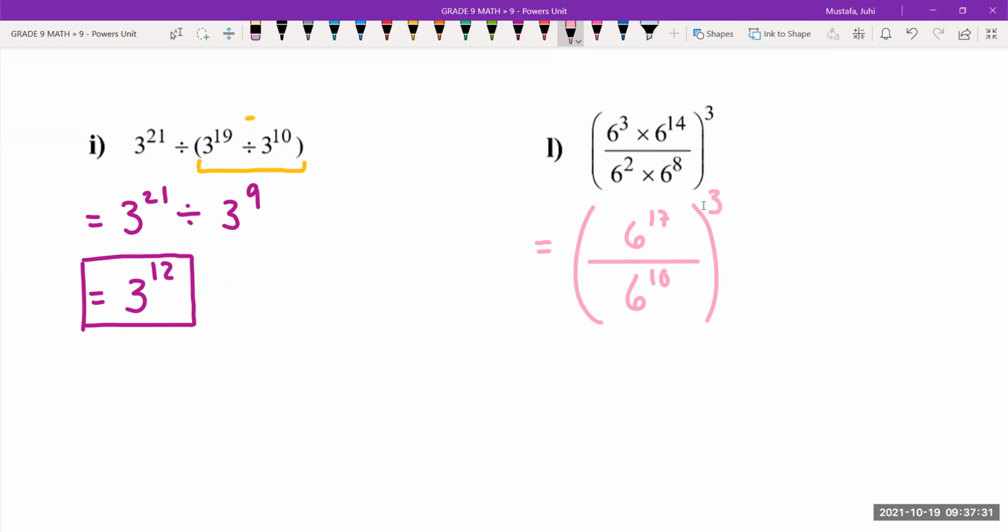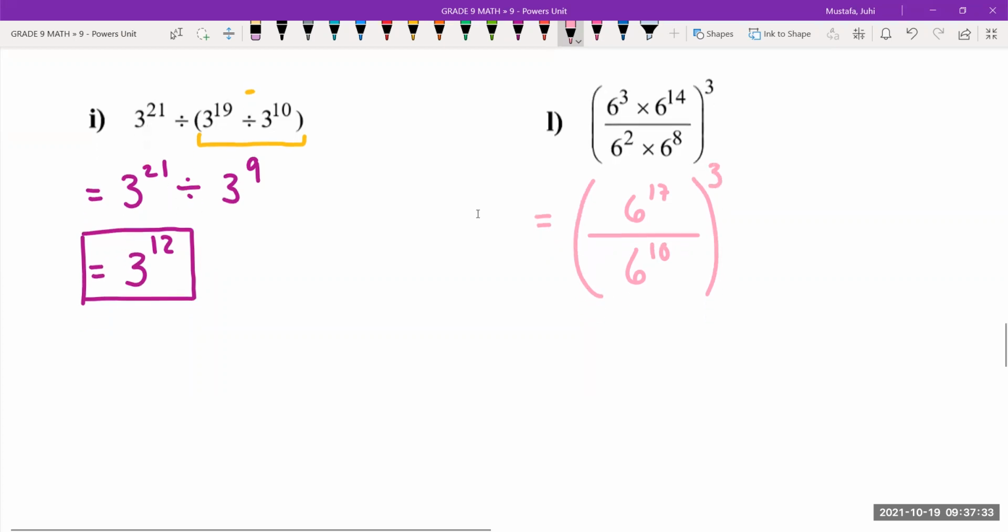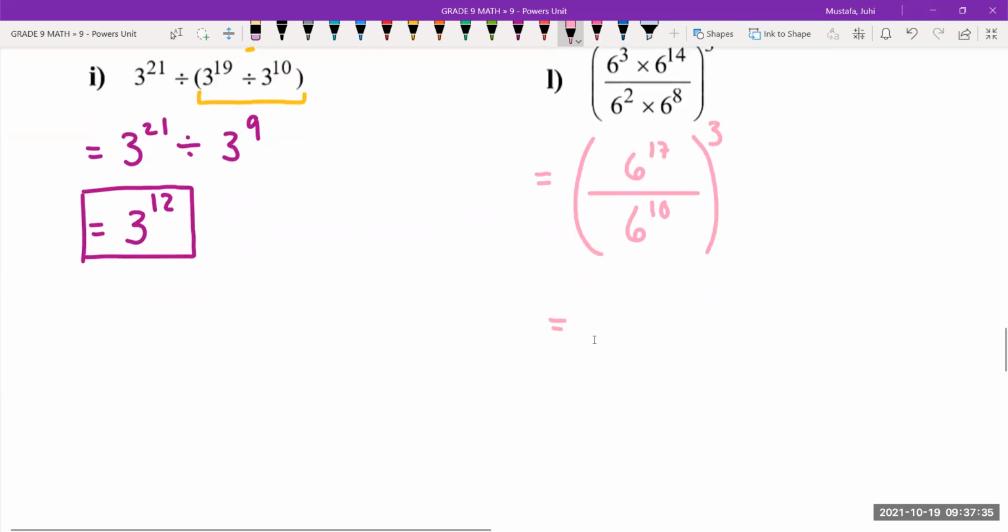So this is all to the power of 3. Now, do you want to solve what's inside the bracket? 6 to the power of 7 to the power of 3. How did you get the 7? Yeah, it's a division question. So you're just going to subtract 17 take away 10 to get 7, and then to finish the question. Yep, and you figured that out by just a power of a power.